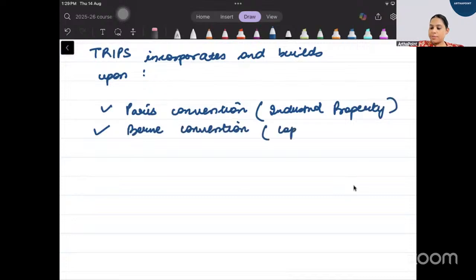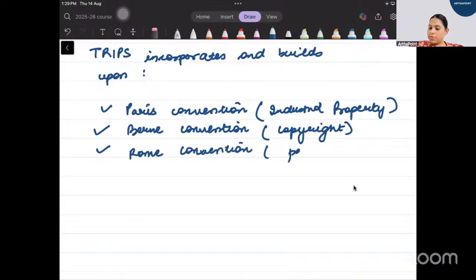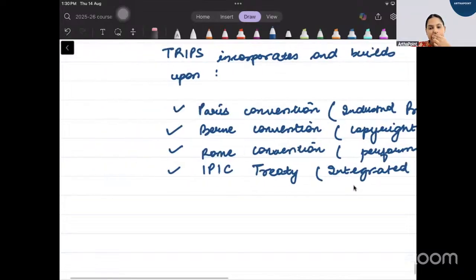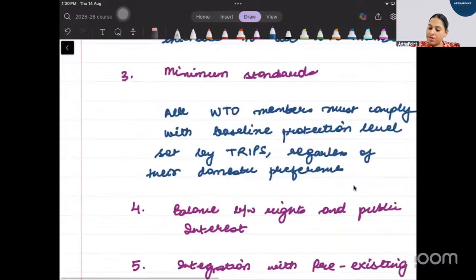This is for copyright. Rome Convention. This is for performers, broadcasters, etc. And IPIC Treaty. This is for integrated circuits. Right. So how do you remember this from an exam point of view?